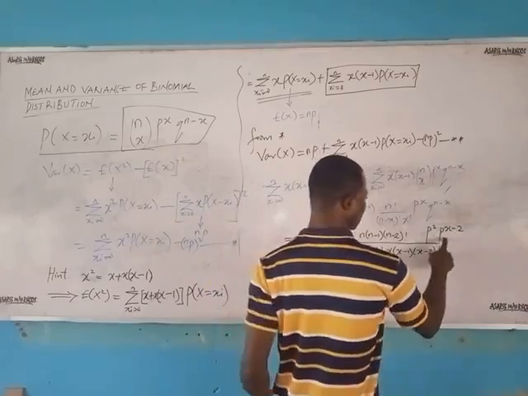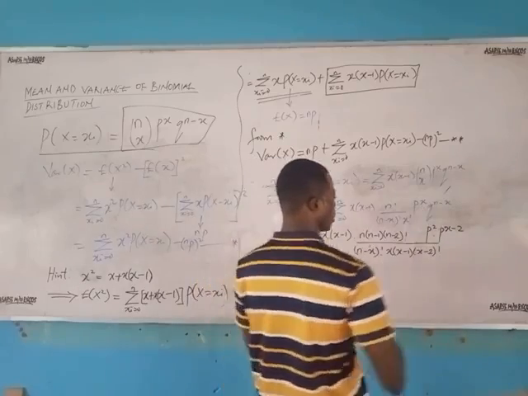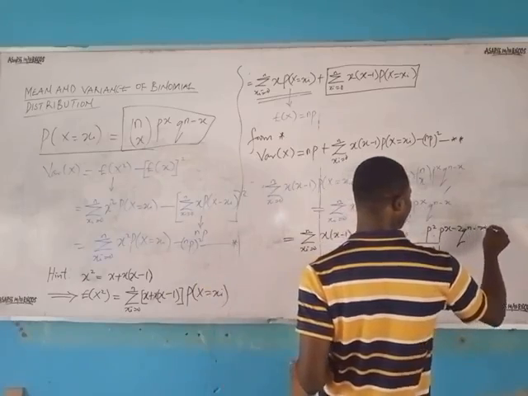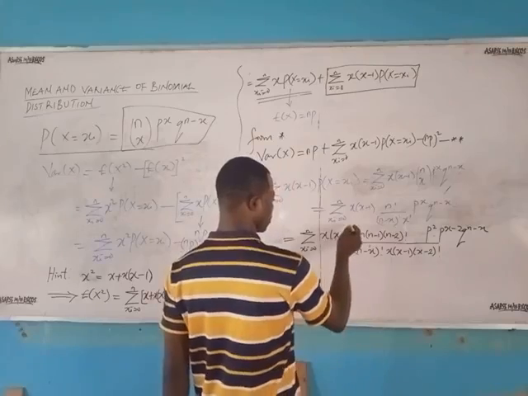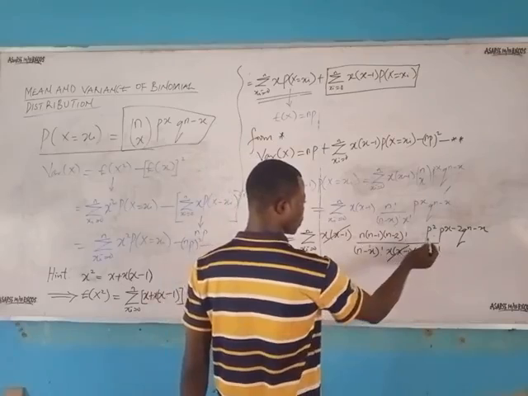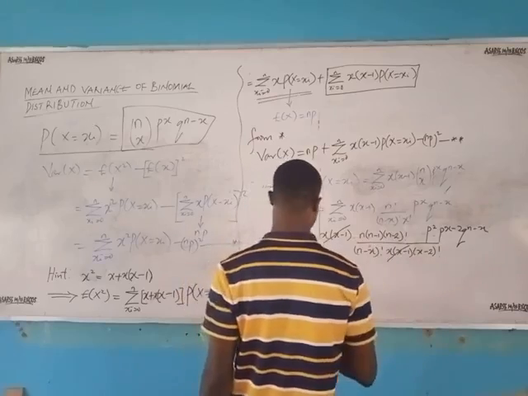Because if you multiply this and this using the law of indices, we are still going to get this. So this will remain q to the power of n minus x. So we are taking out p squared, and we are also taking n into n minus 1 out.